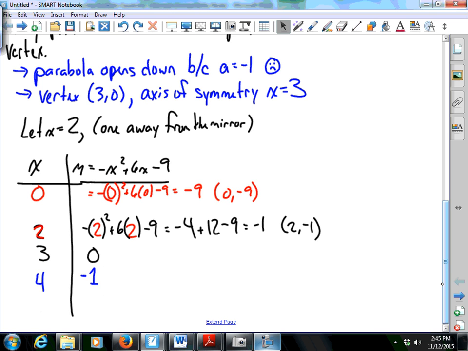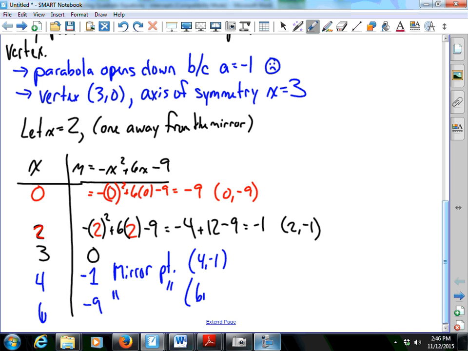So up here, this is a mirror point. I can spell. Mirror point. And that's also quotations for mirror point. 6, negative 1. Okay, there you go.